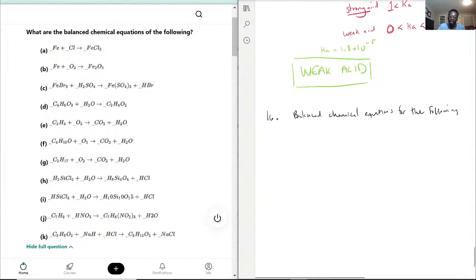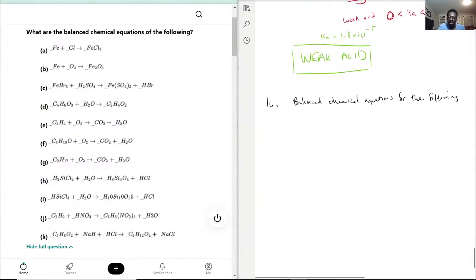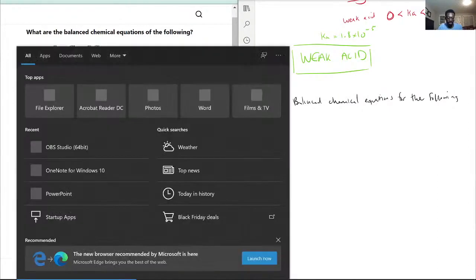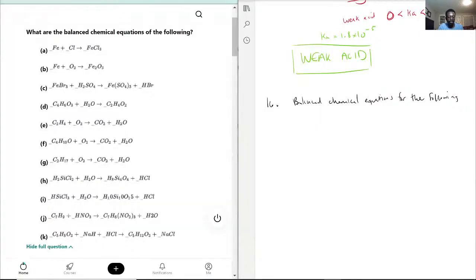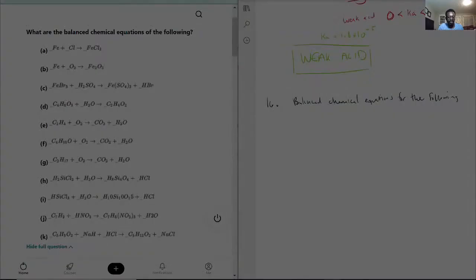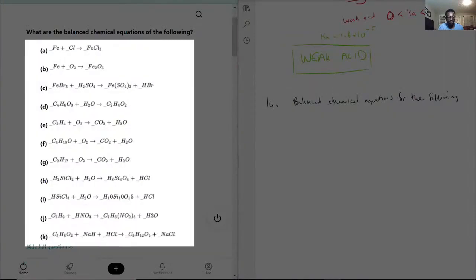So, when it comes to balancing equations, right? They're just going to list them all out, so bear with me here. A, B. There should be a way for me to snip this and paste it. It would make it a lot easier. So, if I just did this to save us a little bit of time here.